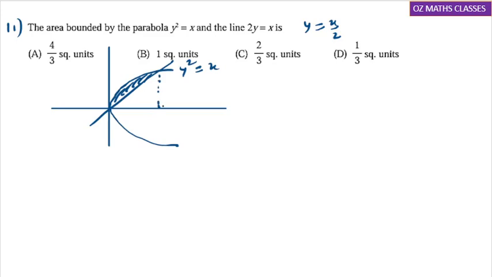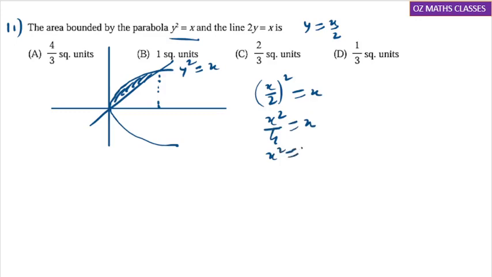Okay, so first find the point of intersection of these two curves. Put y equal to x by 2 in the parabola. Replace y by x by 2. So (x by 2) whole square equal to x. x square by 4 equal to x.